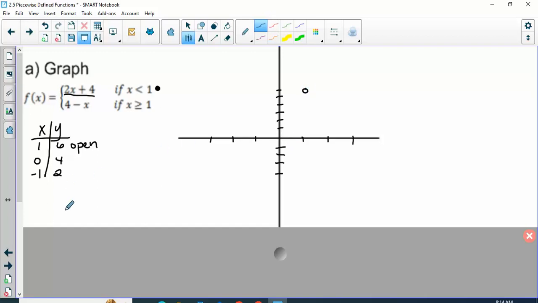That's the only open circle. Everything else is closed. So we have (0, 4), (negative 1, 2). And it keeps going. It said x is less than 1. So that keeps extending off to the left, not to the right, because we don't want things bigger than 1.